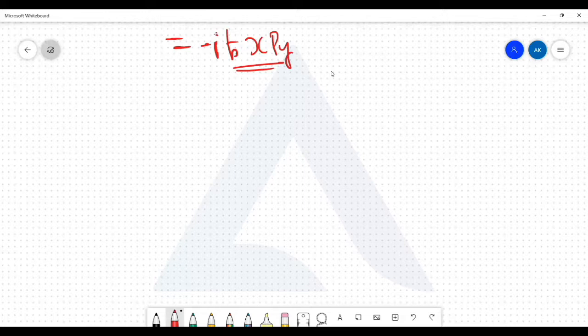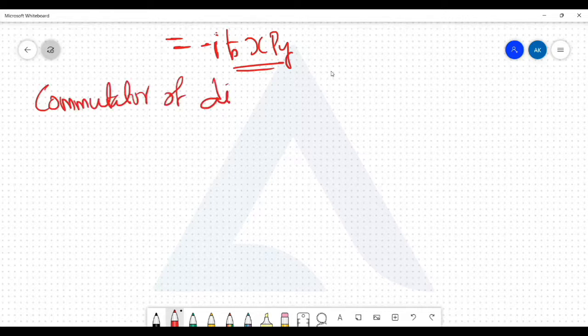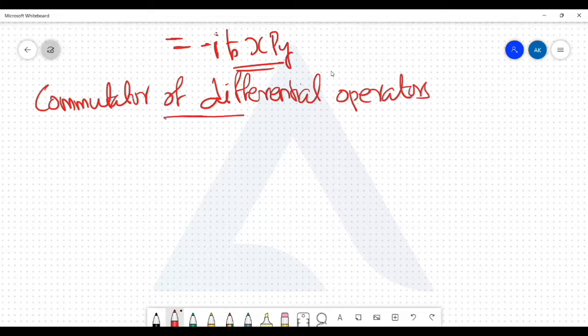Now, commutator of differential operators.